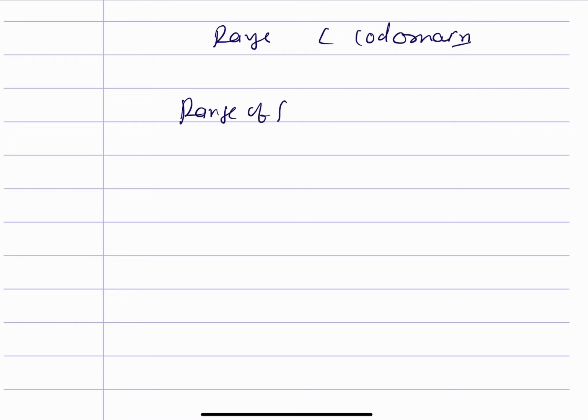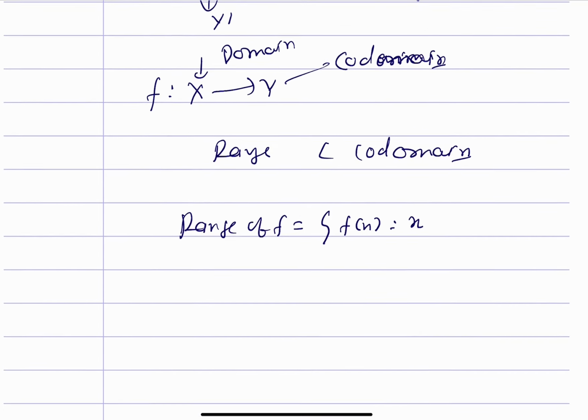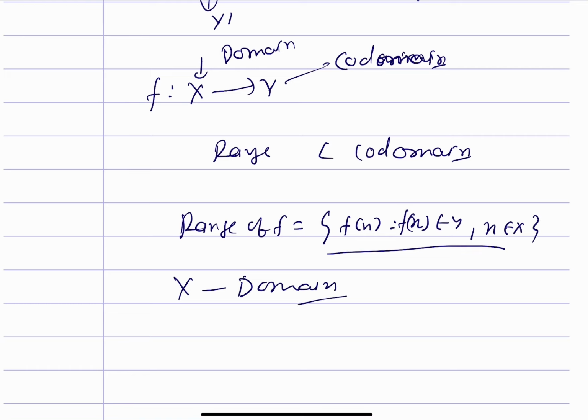The range of f is equal to the set of f(x) such that f(x) belongs to Y and x belongs to X. It gives you all the members of the range of the given function, and this X is the domain, and all the members of X are going to be the domain.